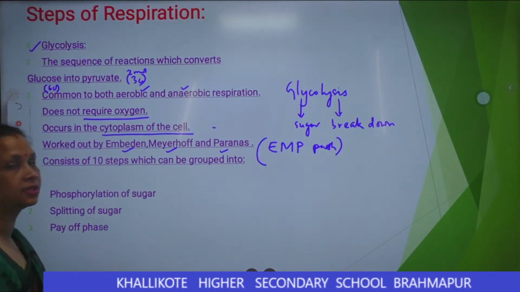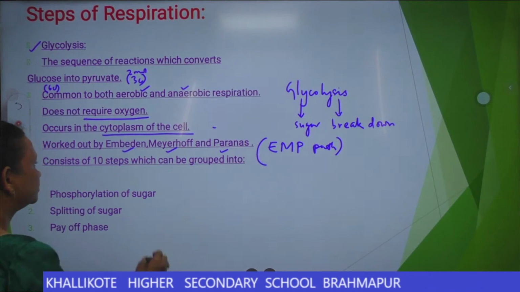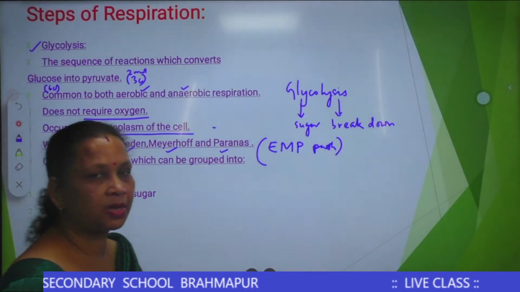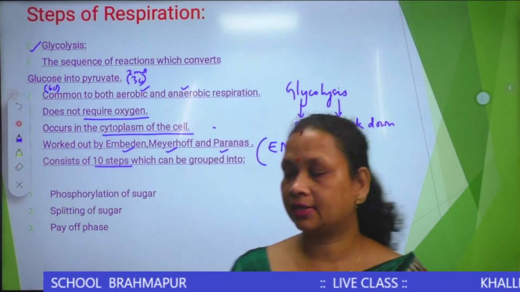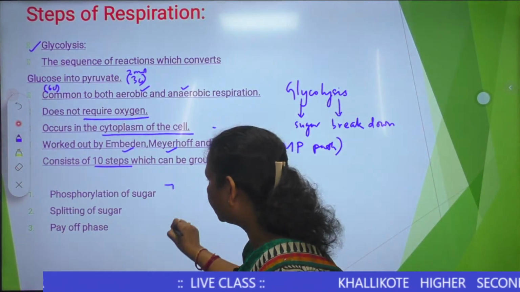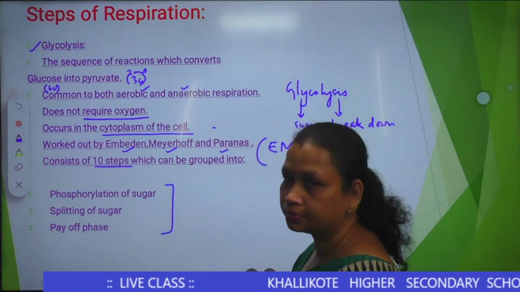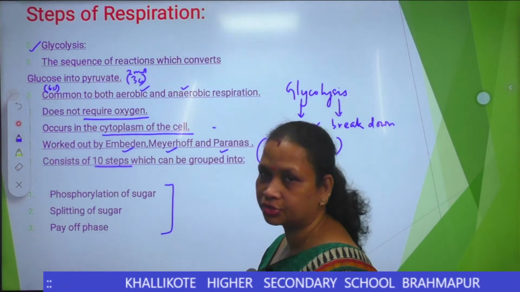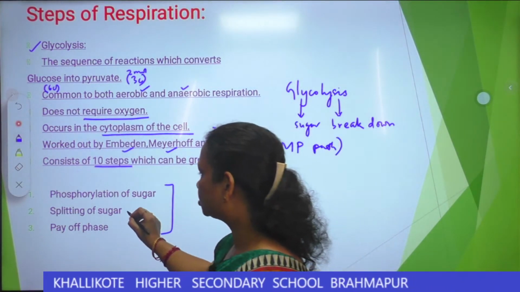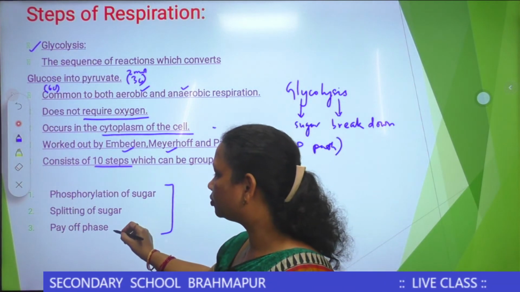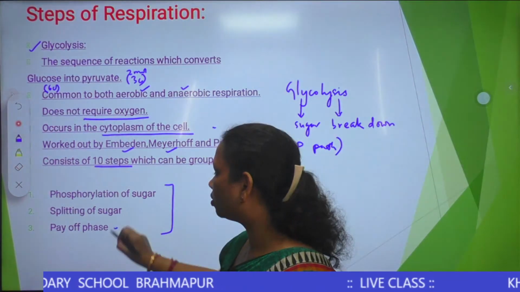This path consists of 10 steps. These 10 steps can be divided further into phosphorylation of sugar, then the splitting of sugar and the formation of pyruvate or the payoff phase.